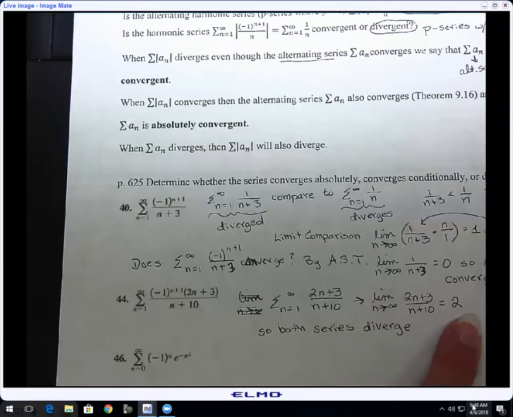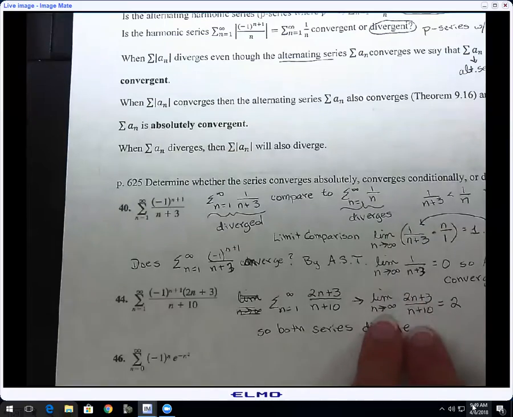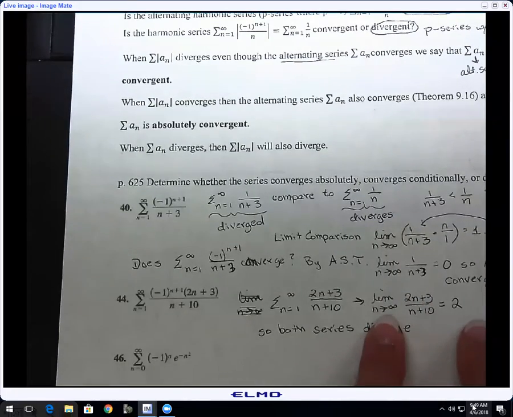Aaron's still saying it doesn't fail it, it only fails it when it equals zero, right? No. The nth term test says if the nth term is not zero, then that series diverges. When I say fail, I'm talking about cannot use.